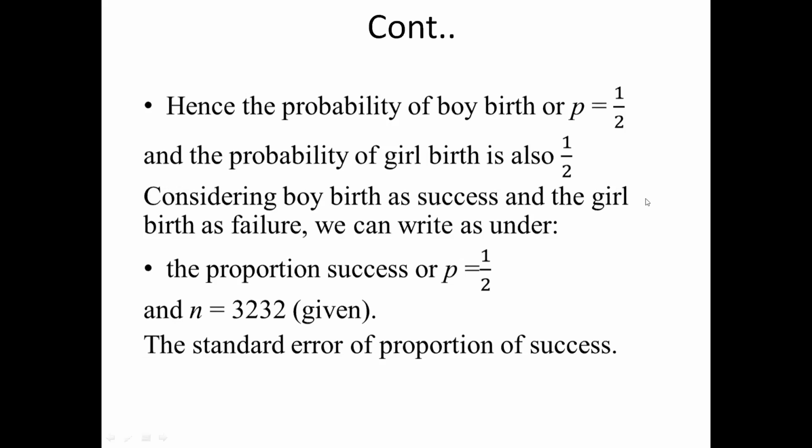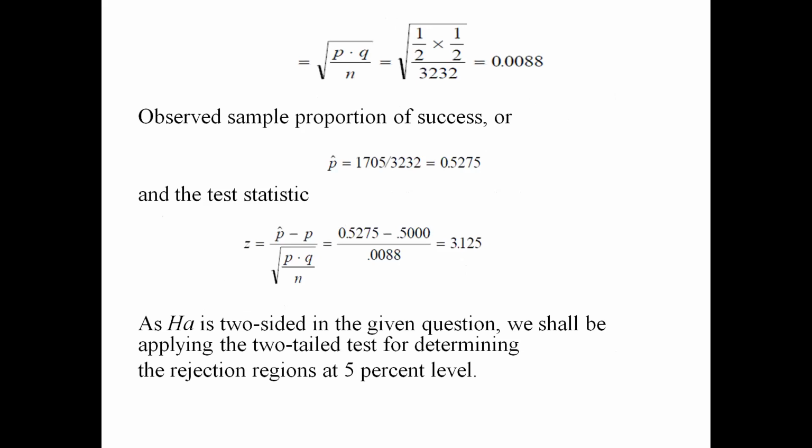and 3232 is given. The standard error of the proportion of success is equal to the root of p into q divided by n, where p is 1 by 2 and q is 1 by 2, and the total number is 3232, which is equal to 0.0088.